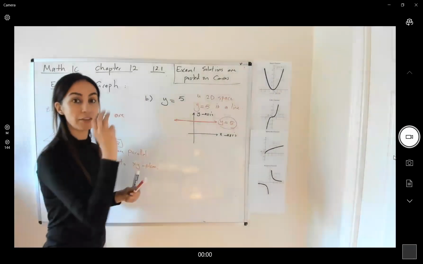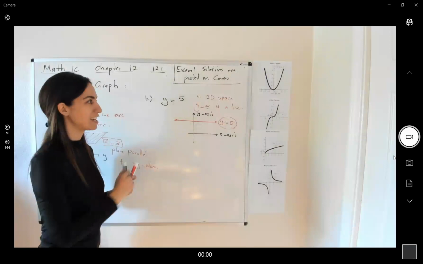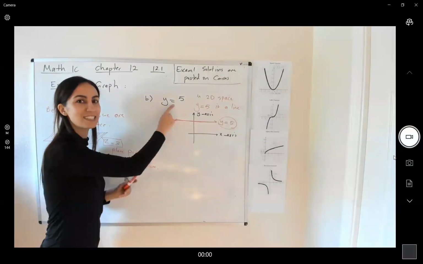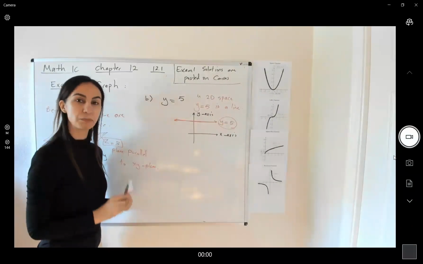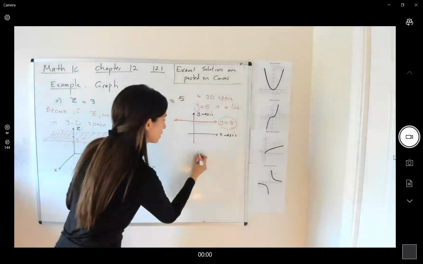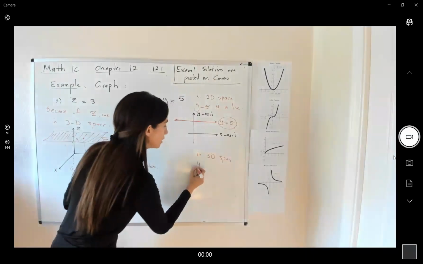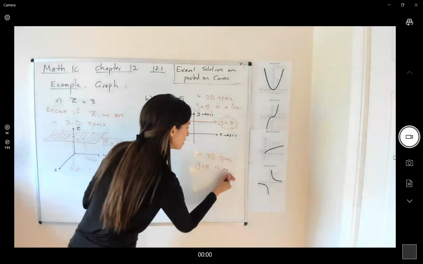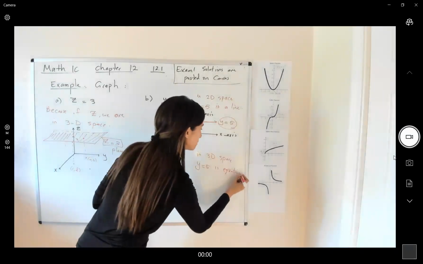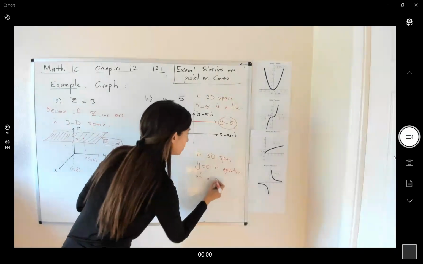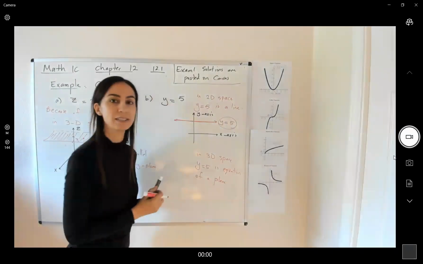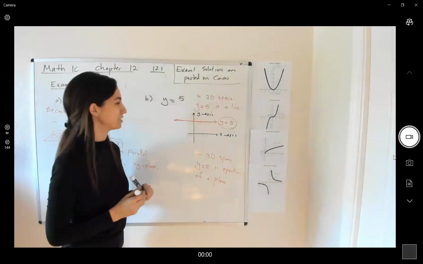But in three-dimensional space, this equation is the equation of a plane. In three-dimensional space, y equals 5 is the equation of a plane. It's a surface in three-dimensional space.